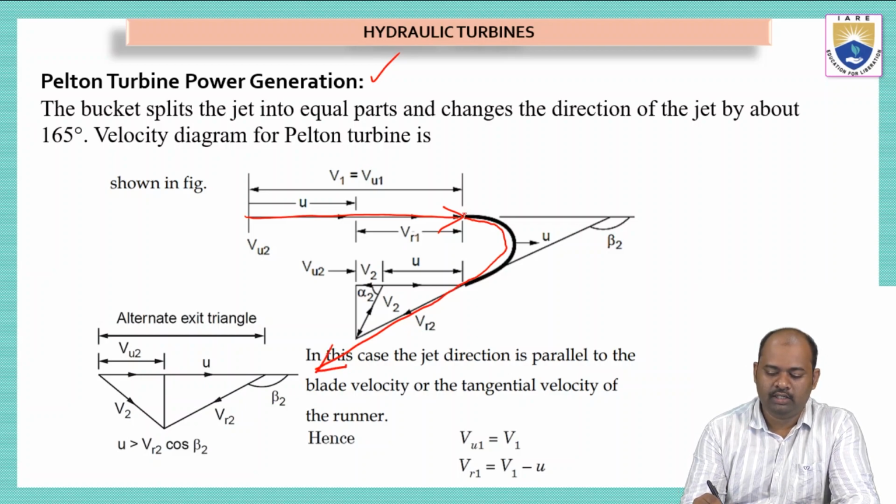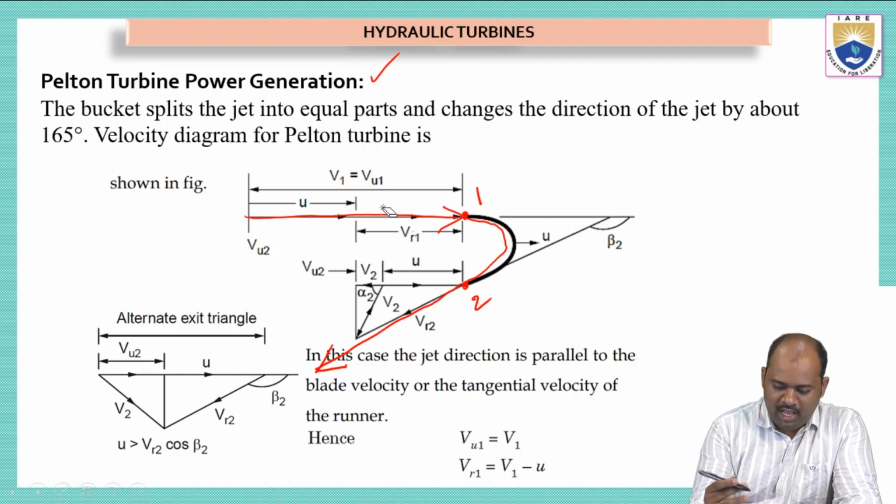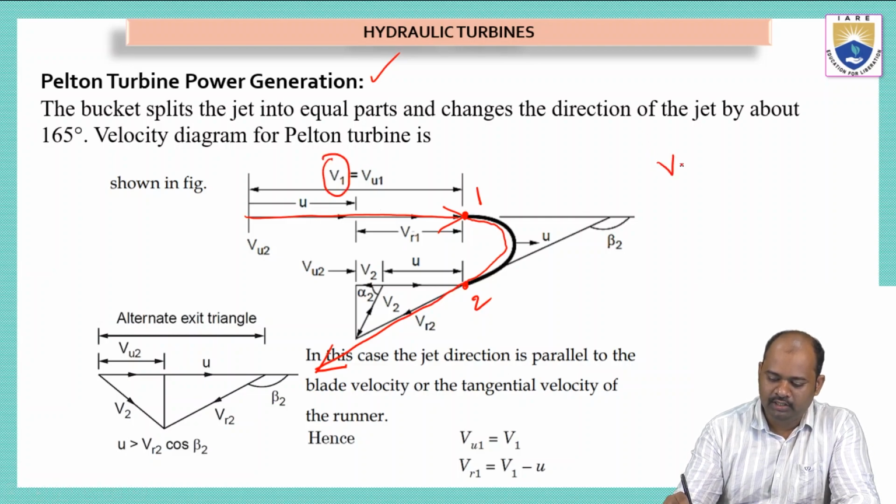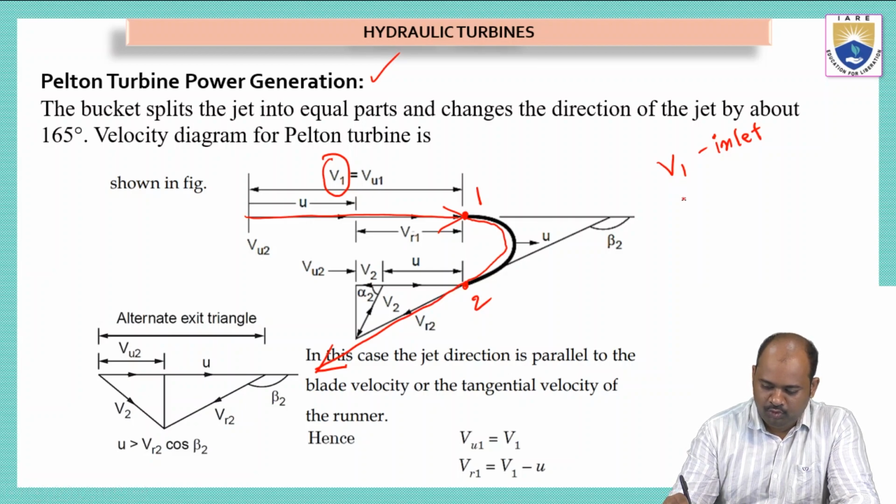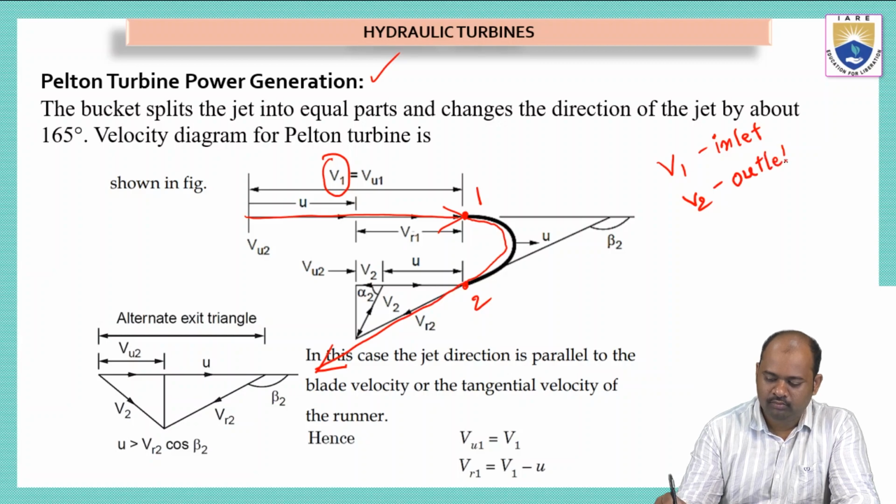Water is entering at this point, let this point be 1, and water is leaving at point 2. Now we have different velocities. See here, we have V1. V1 is nothing but the velocity of water at inlet. And then we have V2, the velocity of the water at outlet.